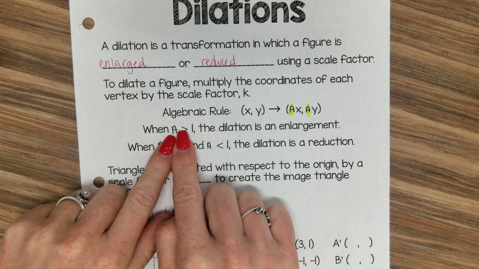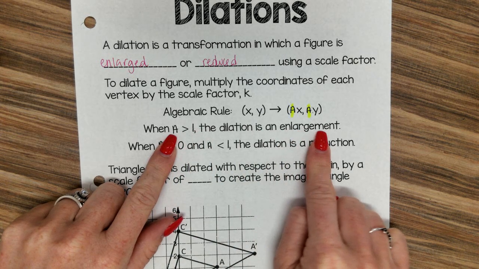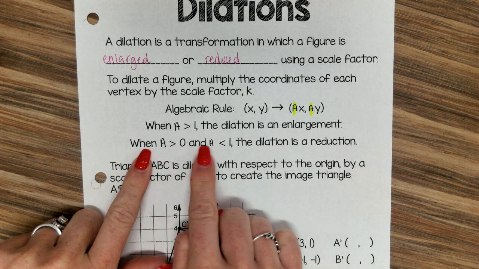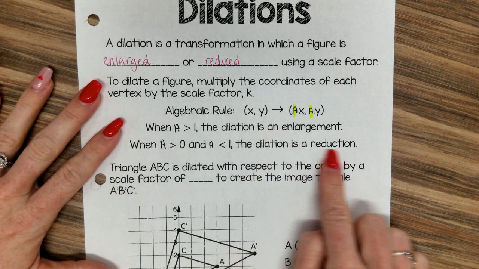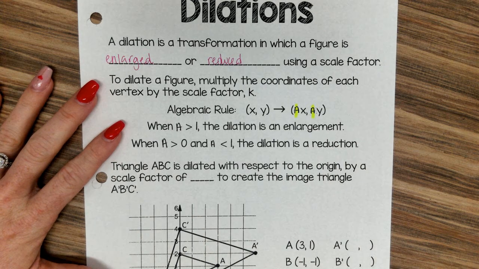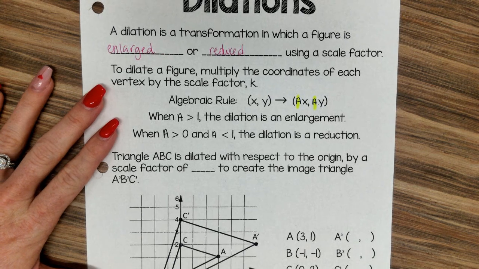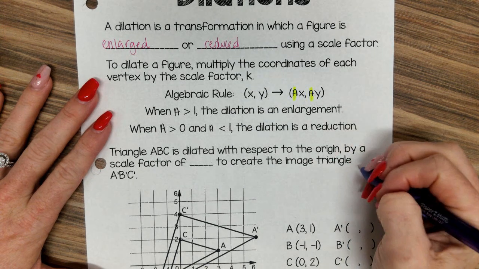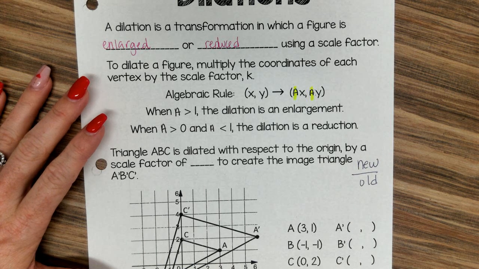When the scale factor is bigger than 1, it's going to be an enlargement. When the scale factor is between 0 and 1, meaning smaller than 1, it's going to be a reduction. Now, how did we find the scale factor? New over old. Write that down. New over old. That's how you find scale factor.